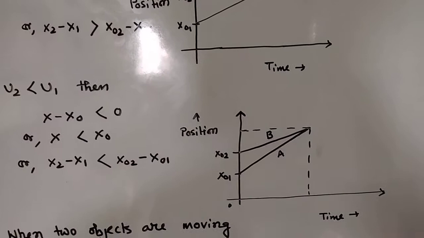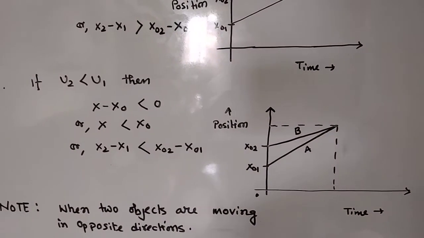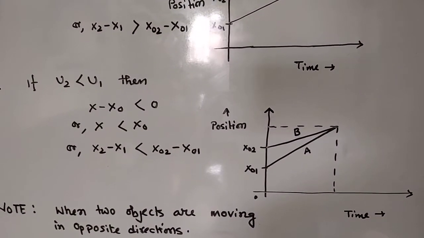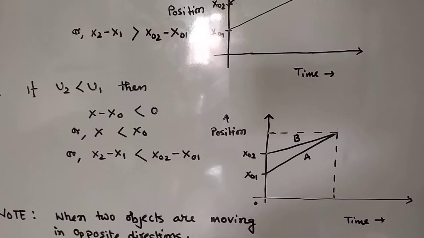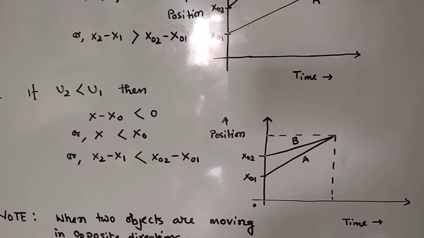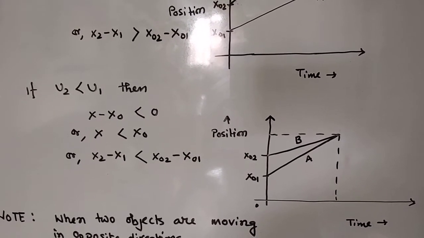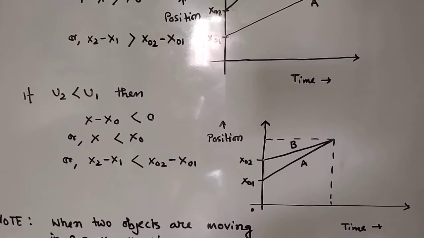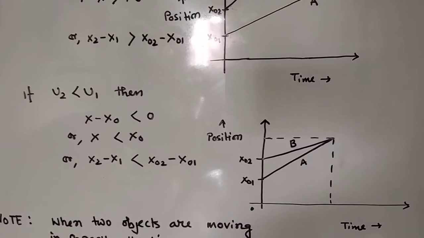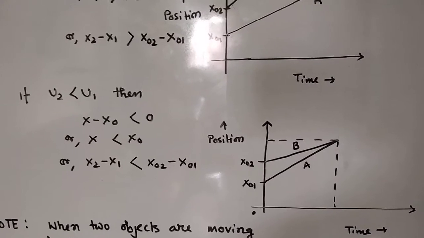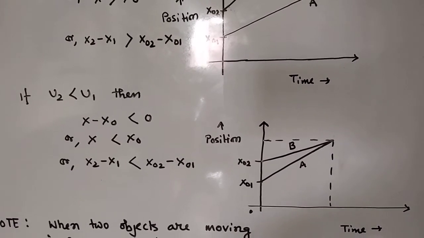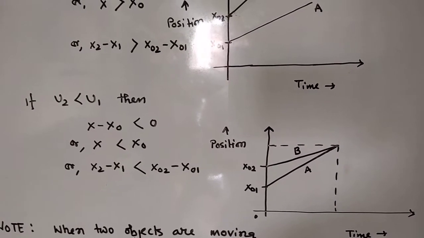So you see in this figure again, x01 is close to the origin and x02 is above. Here v2 is less than v1, so for A the slope is more compared to the slope for B. If the slope for A is more than the slope for B, what happens? A time will come when the two graphs will intersect.